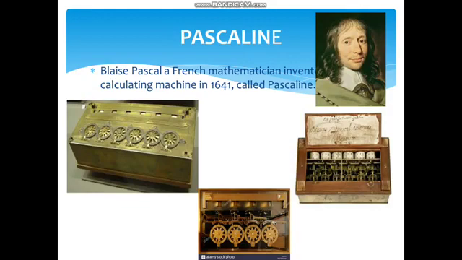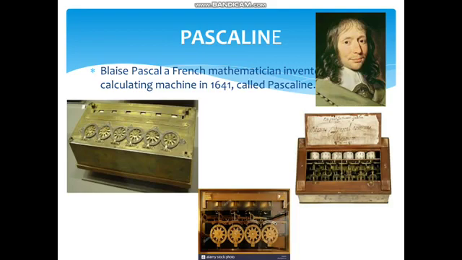And you can see another machine that is called the Pascaline. Blaise Pascal, a French mathematician, invented a calculating machine in 1641. It is called the Pascaline. This machine has gears and wheels, and it works manually, by rotating its wheels.